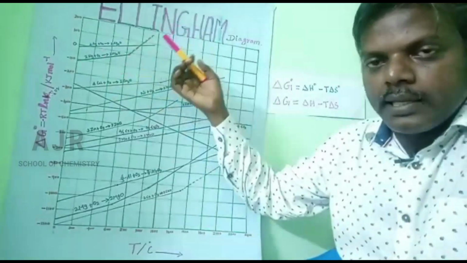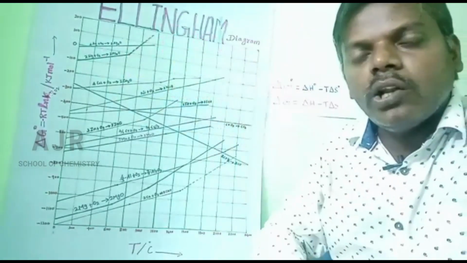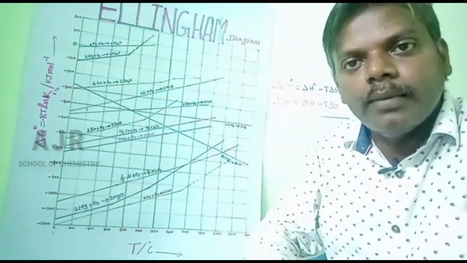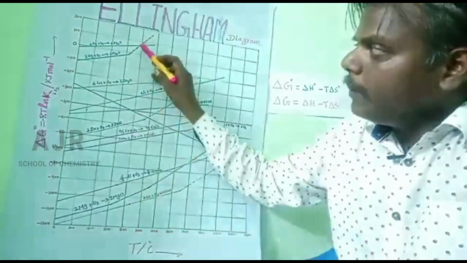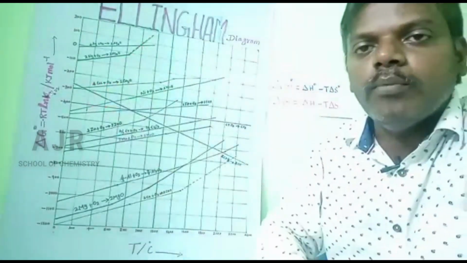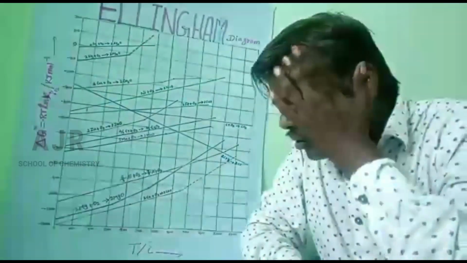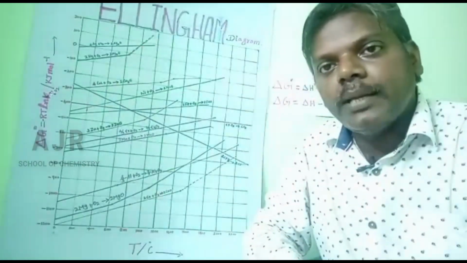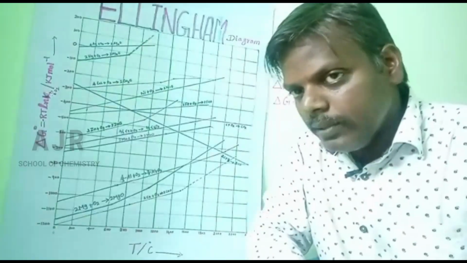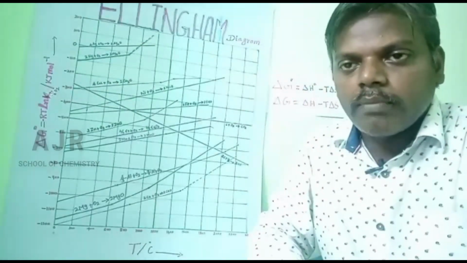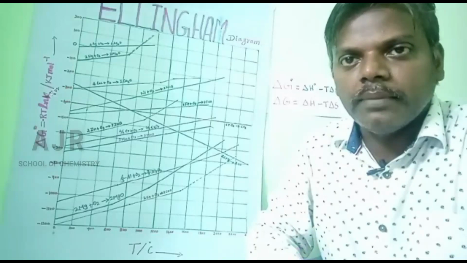Above the temperature, the metal oxide is less stable, and below the temperature, the metal oxide is more stable.